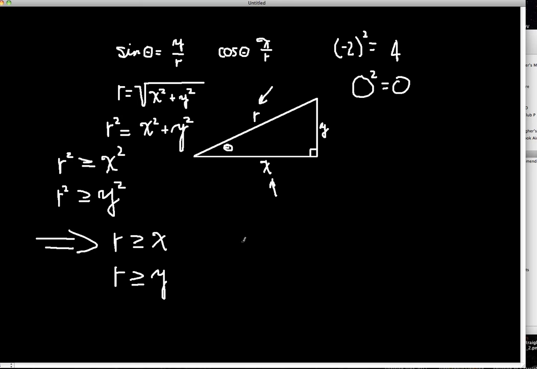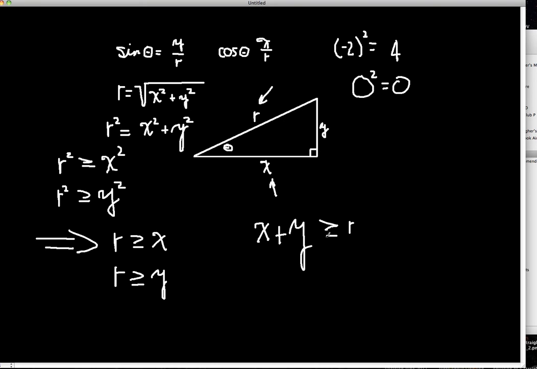Now you remember we also talked about the theorem in geometry, which says that the sum of any two sides of a triangle will always be greater than the third side. So that's telling us that x plus y is always going to be greater than r. It will equal r if everything lies on the same straight line, which isn't really much of a triangle.